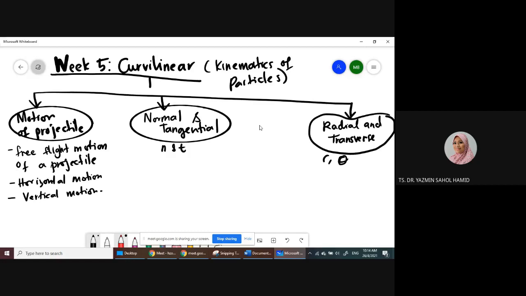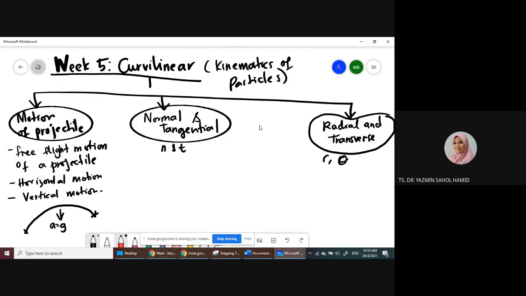But don't worry, we have done a lot of questions on motion of projectile, and you understand it involves, for example, 2 points where you throw one thing and you reach another point, due to gravity, and it's a free flight. Today we're just going to learn a little bit on normal and tangential and radial and transverse, so that when you get related questions, you will understand how to solve them.